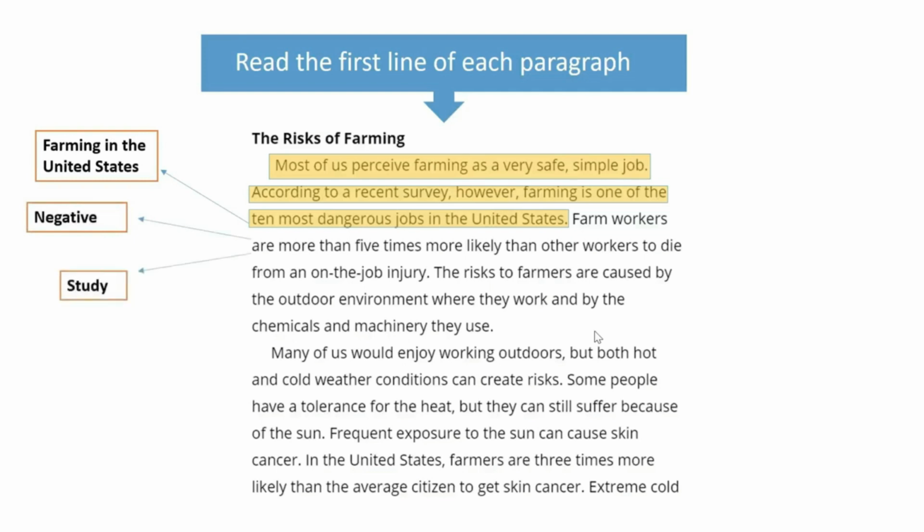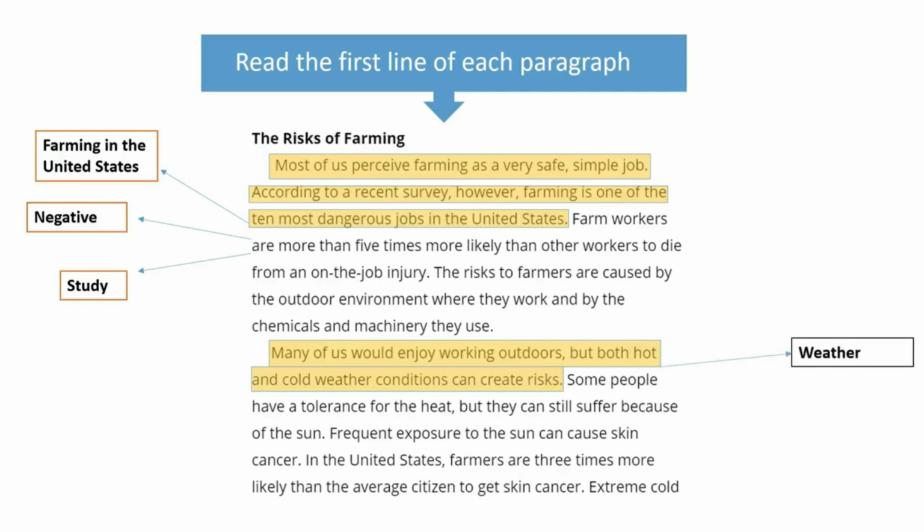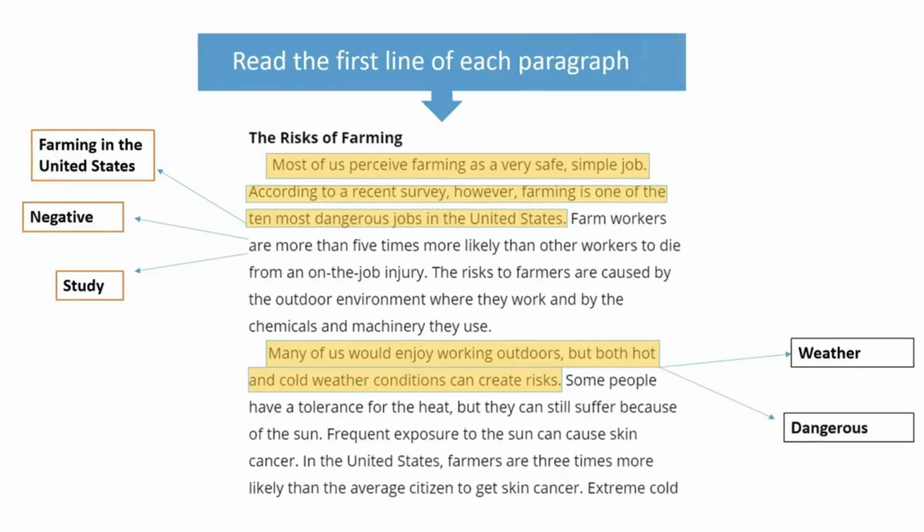And it's a study in this paragraph based upon these 2 lines. For the second paragraph, we have: Many of us would enjoy working outdoors, but both hot and cold weather conditions can create risks. So we know straight away this is about the weather. This paragraph will be about the weather as it relates to farming, and that it's dangerous.